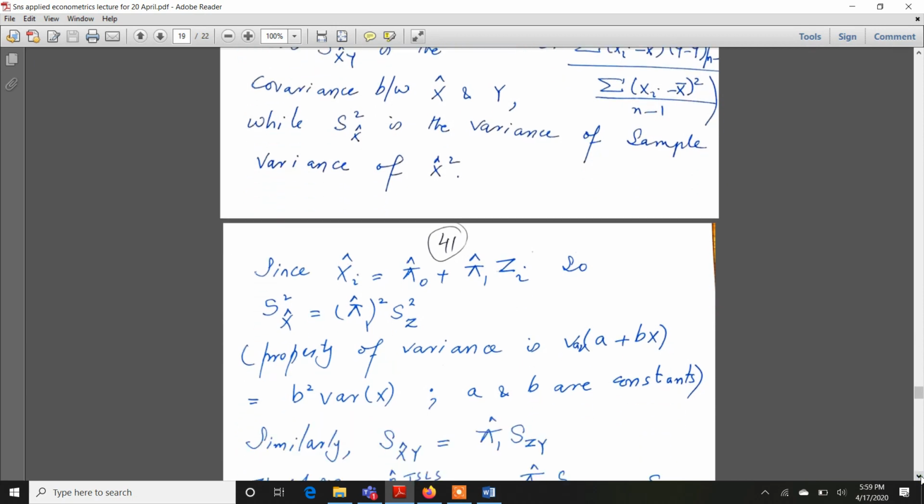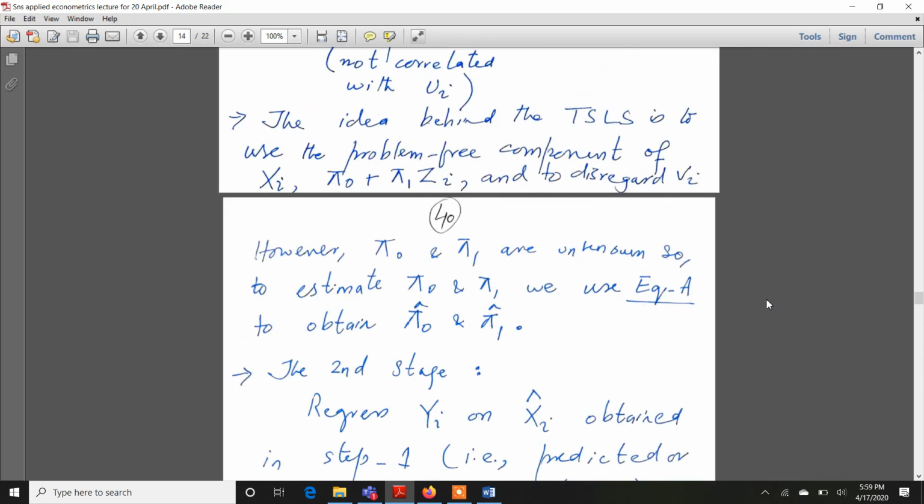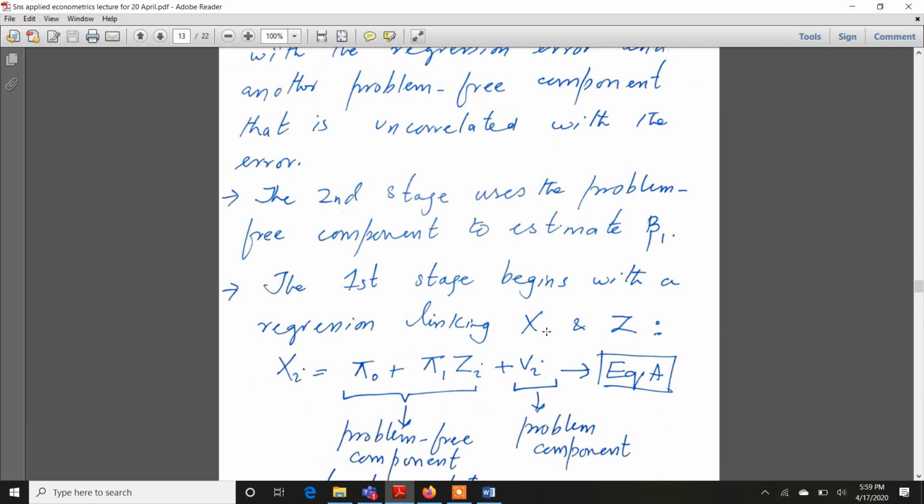How do we define xi hat? If you recall, xi hat was simply pi naught hat plus pi1 hat zi. If you are forgetting this, let me show you again the equation that related x and z. This was the equation.